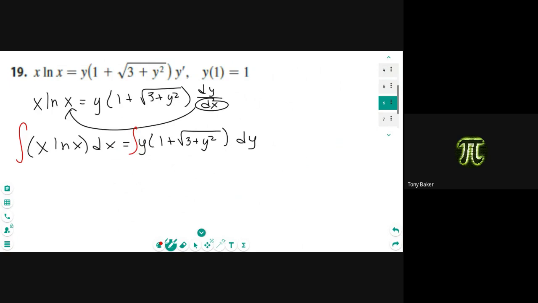But if you don't have it, find me the derivative and find me the integral of it. It's good practice to remember how to do integration by parts. That's just ln x.